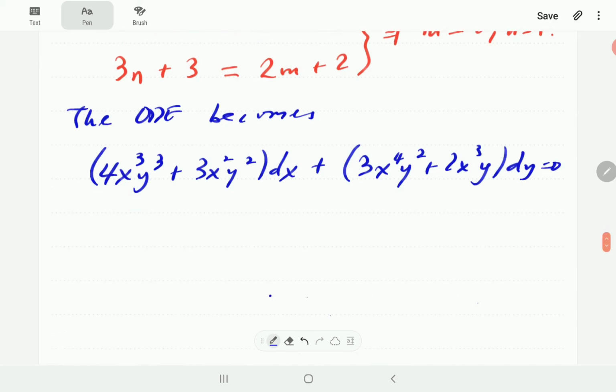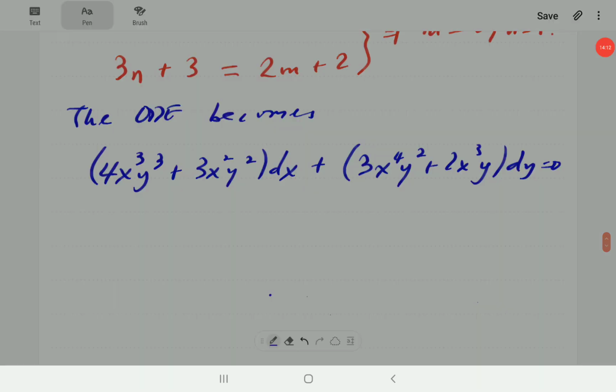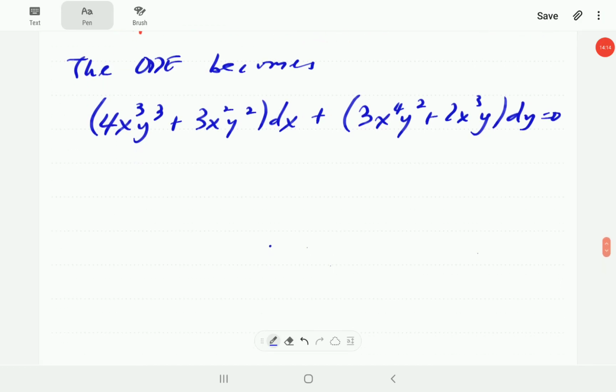And then we can solve this as usual, or maybe let's go through the steps.